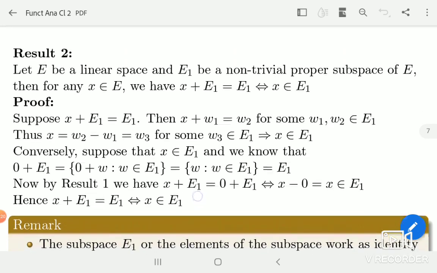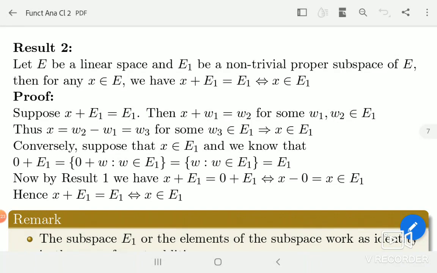Result 2 says that if E is a linear space and E1 is a non-trivial proper subspace of E, then for x an element of E, the coset x plus E1 equals E1 if and only if x is an element of E1. I will say once more: for any x element of E, x plus E1 equal to E1 is implied by x element of E1.